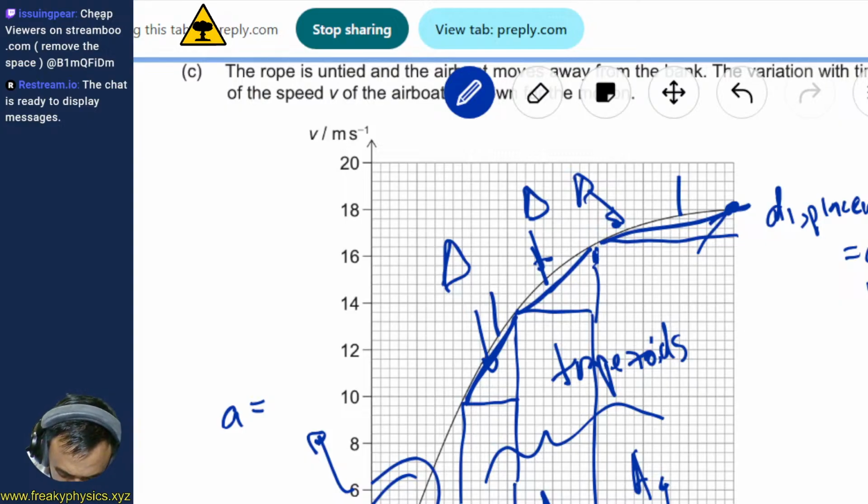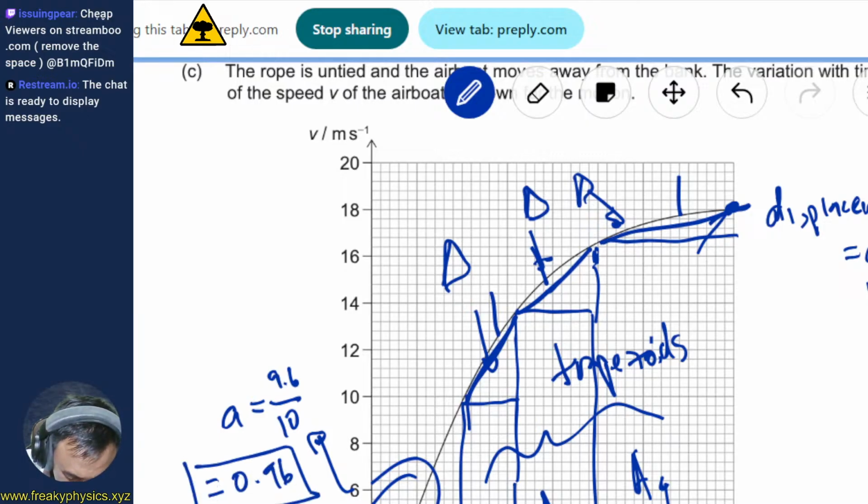Acceleration here is equal to, well, we can easily guess this. This is 10, something over 10 seconds, and then that's going to be around 9.6 over 10. So our acceleration here is 0.96 meters per second squared.